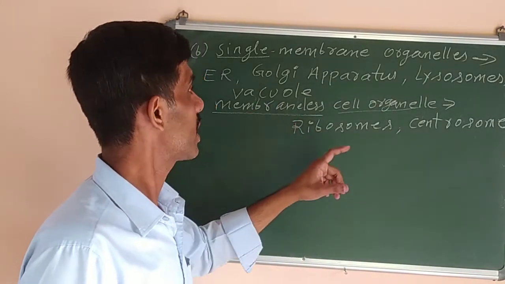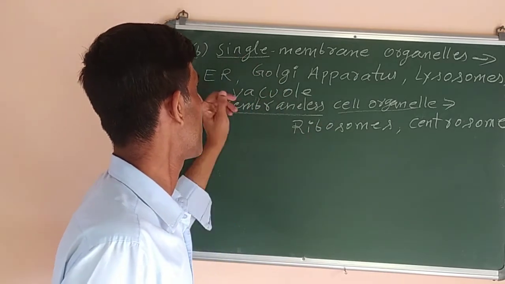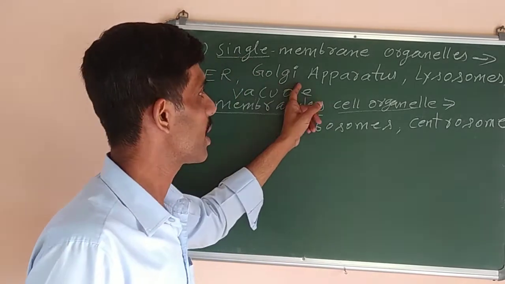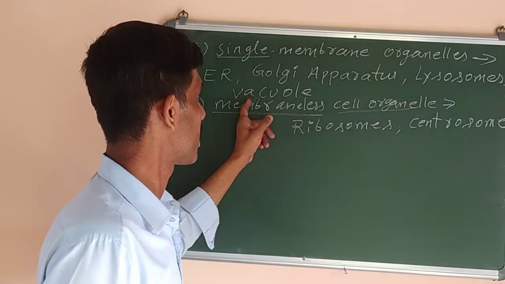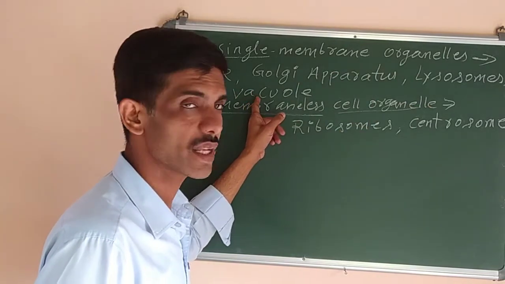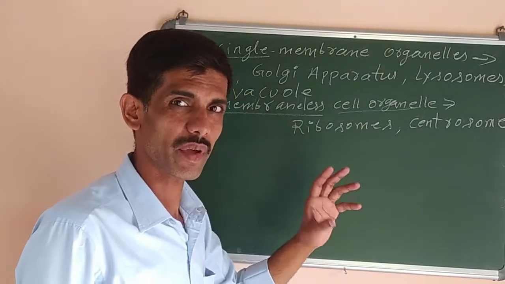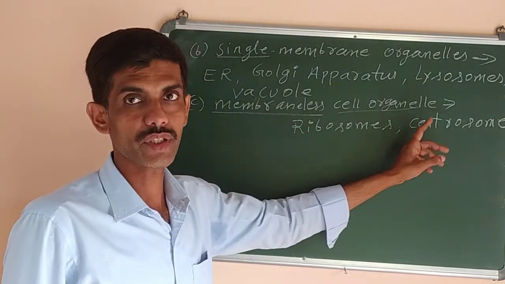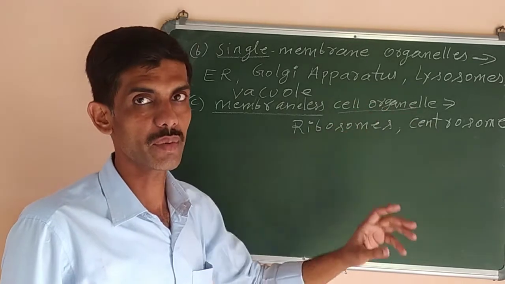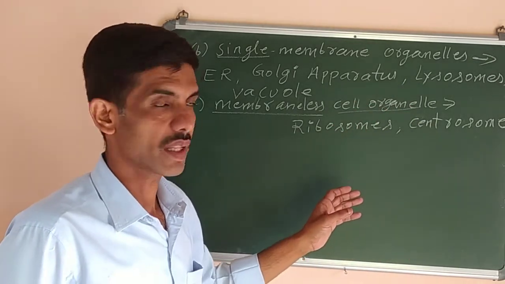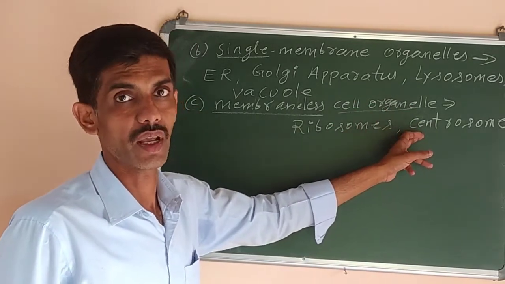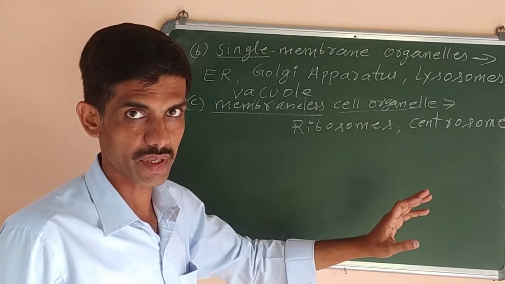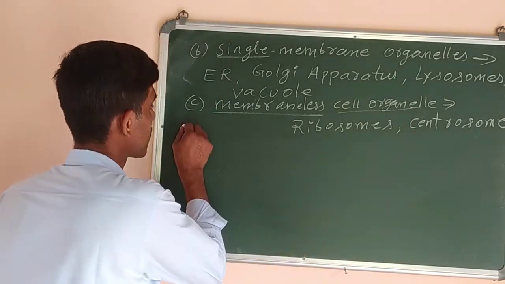Whereas those cell organelles which have a single membrane are endoplasmic reticulum, Golgi apparatus, lysosomes, and the vacuoles. Vacuoles are found only in plant cell. In animal cell, if they are present, they are very small or almost negligible. And the centrosome is the cell organelle which is found only in animal cells near the nucleus, that helps in cell division by the formation of spindle fibers. Okay. Now this one is complete.